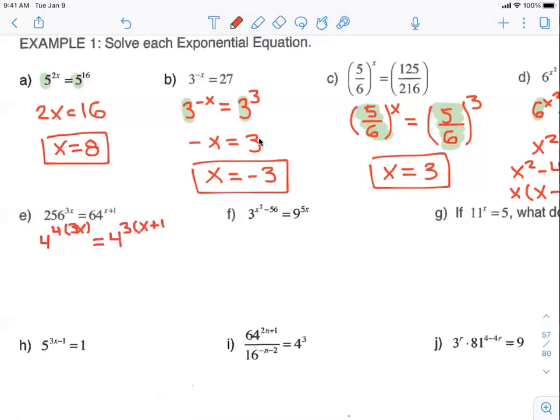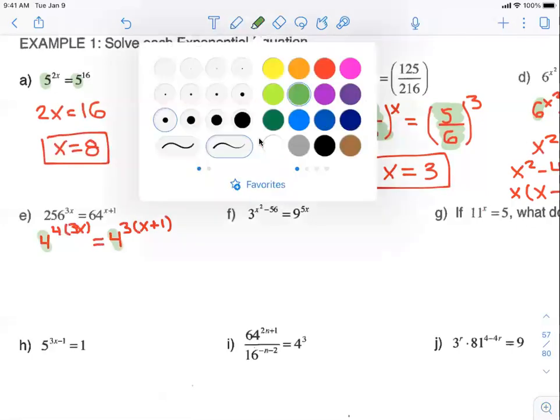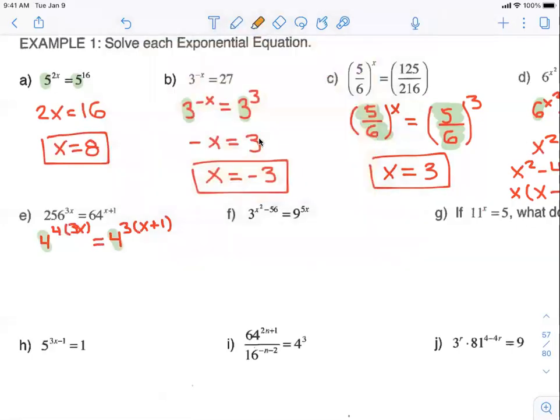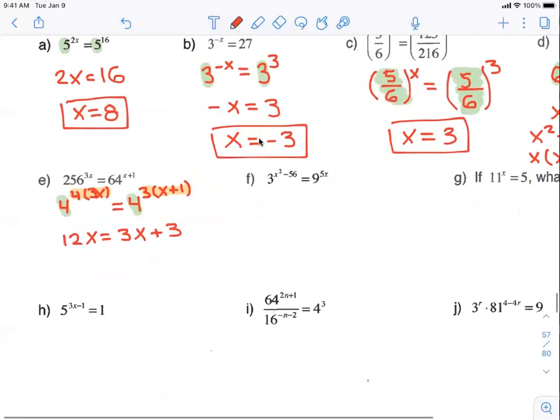Notice how I'm using parentheses around the exponents, okay? Because now that we have the same base, remember that means you can go ahead and set your exponents equal. So I can set those two parts equal. So 4 times 3x is 12x. On the right side, I have to distribute: 3x plus 3. If you didn't use parentheses, you probably would get 3x plus 1, and that would be wrong.